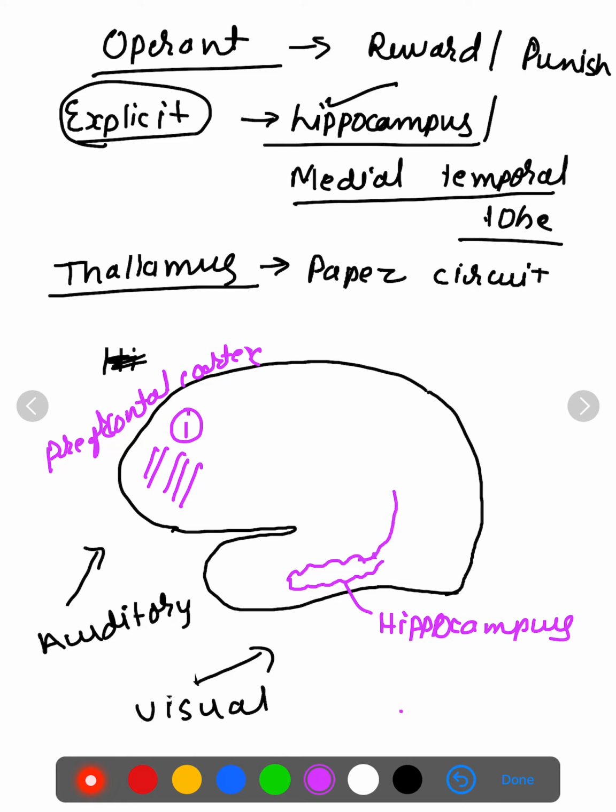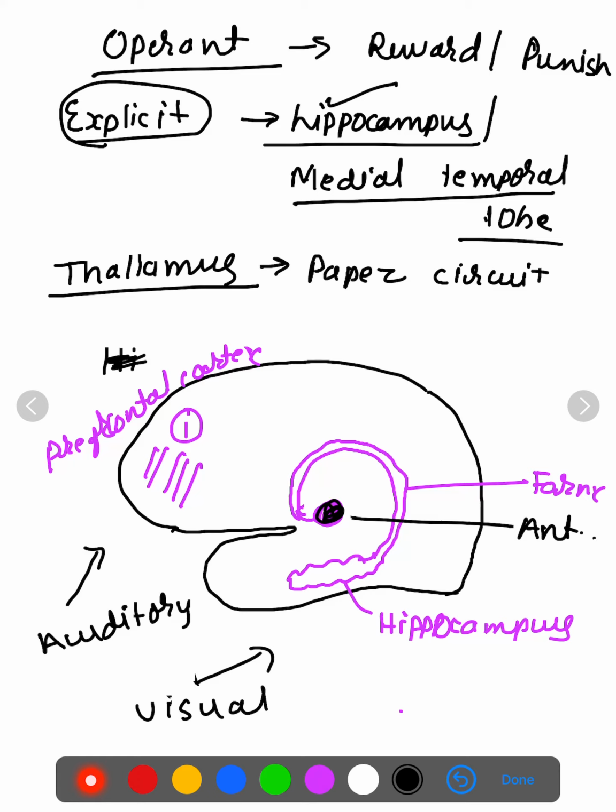Then from the hippocampus there was a structure known as the fornix. Through the fornix it was going to the anterior nucleus of the thalamus.